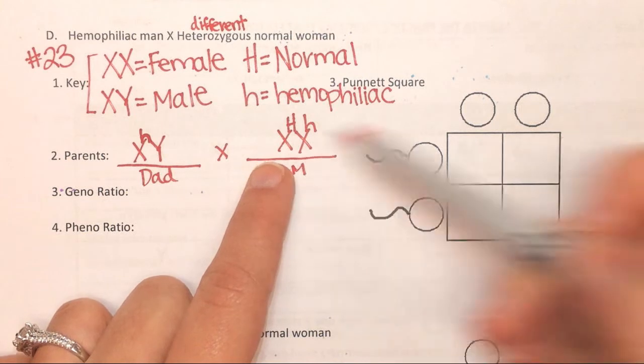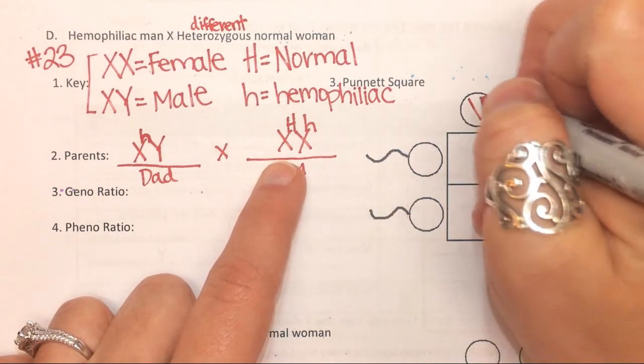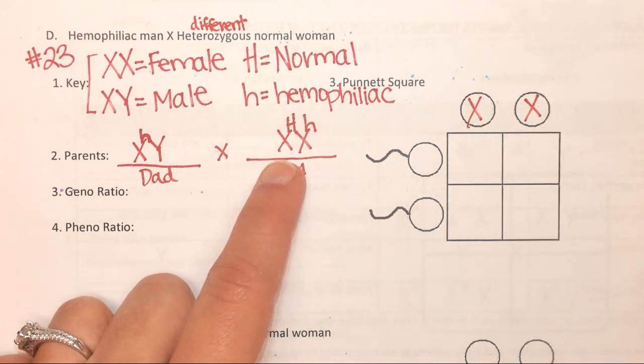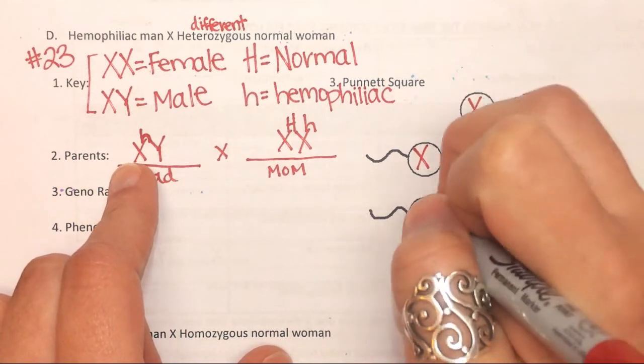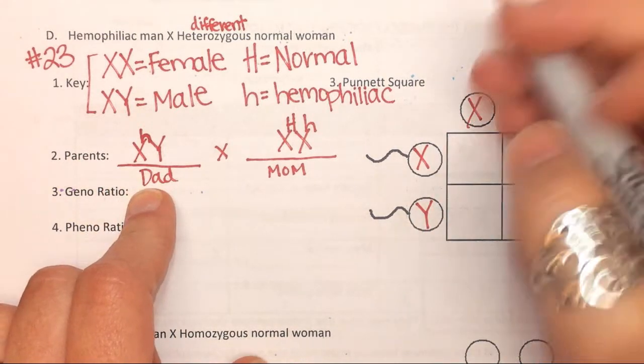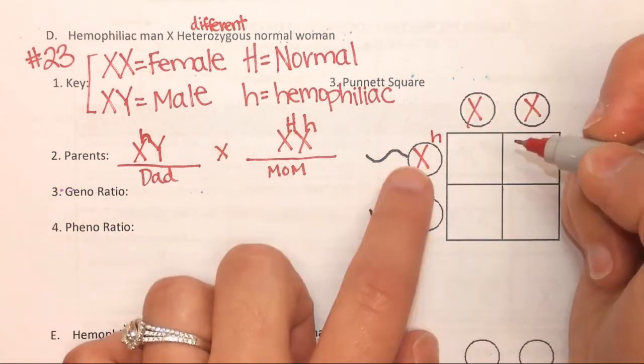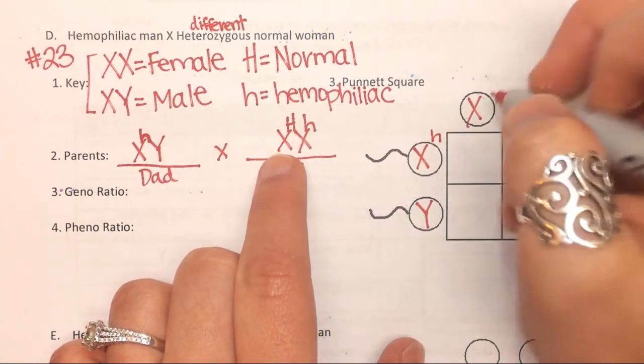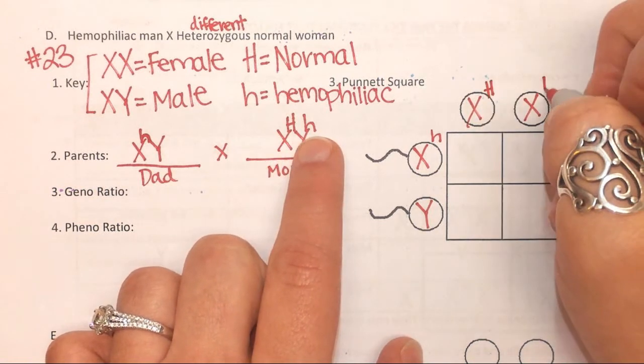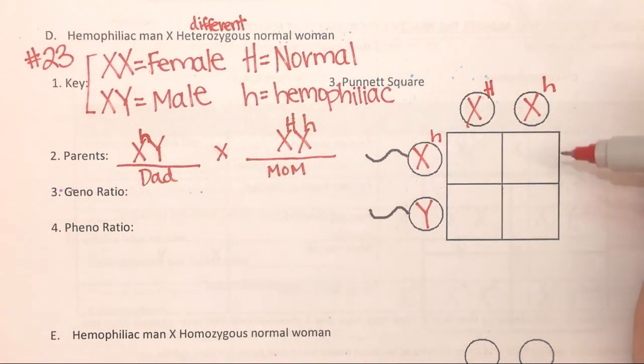Go ahead and put the sex chromosomes in the gametes. Mom has XX, she is a female, and dad has XY since he is a male. Carry over the trait, so this little h will go above this X chromosome, this capital H, and this lowercase h will also go above those sex chromosomes.